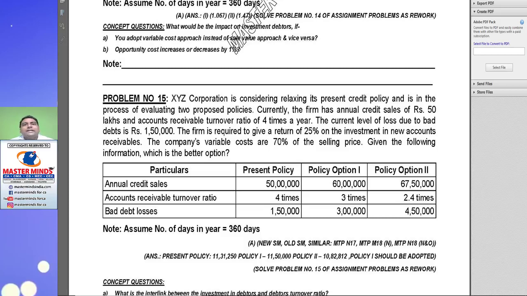Contribution is equal to 30% of sales. Given the following information, which option is better? So present policy, policy 1 and policy 2. At present sales are 50 lakhs. Debtors turnover ratio 4 times. Bad debt losses 1,50,000.